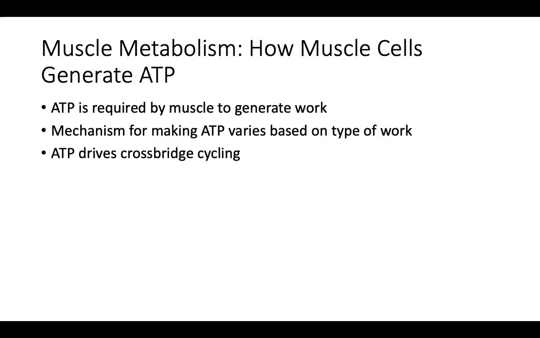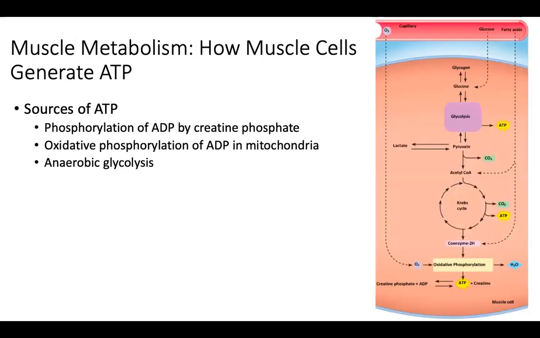Now, the mechanism by which we make ATP is going to differ depending on the type of work that that muscle is doing, and that's what we're going to be speaking about here today. Now, there are three sources of ATP. We can have ATP made through three different mechanisms. There is phosphorylation of ADP by creatine phosphate using the enzyme creatine kinase, which I'll talk about in a minute.